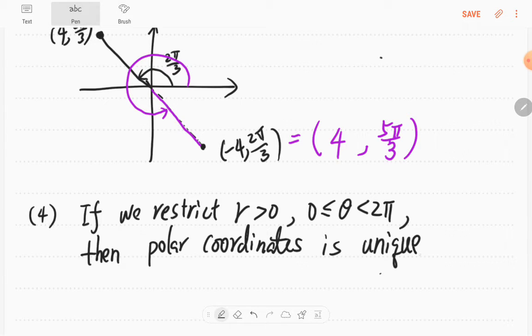We only have one representation for the polar coordinate.